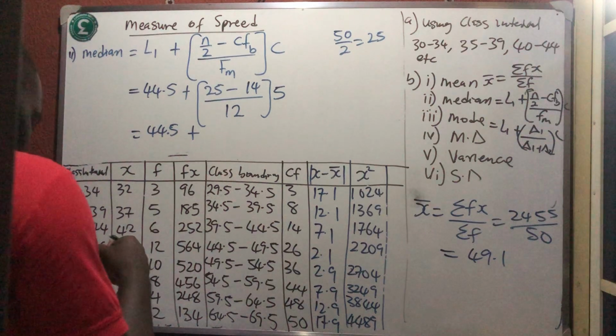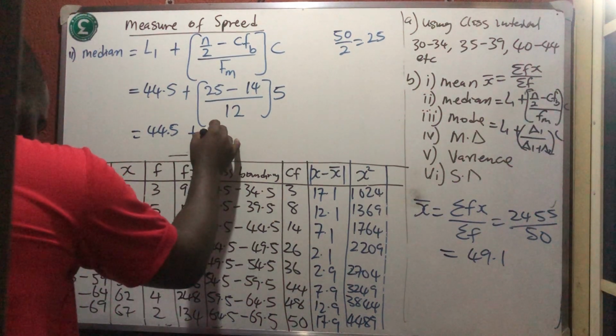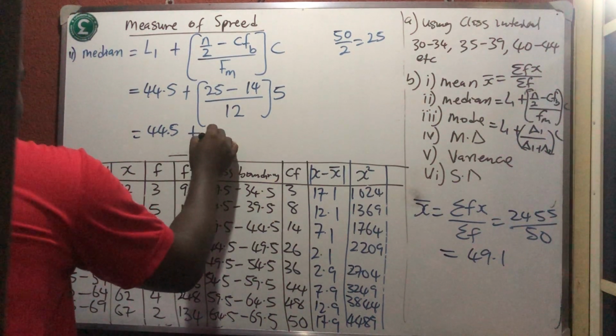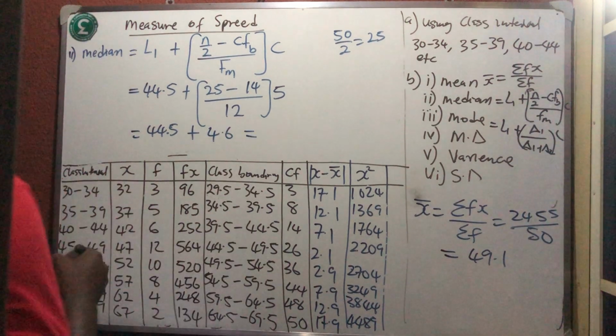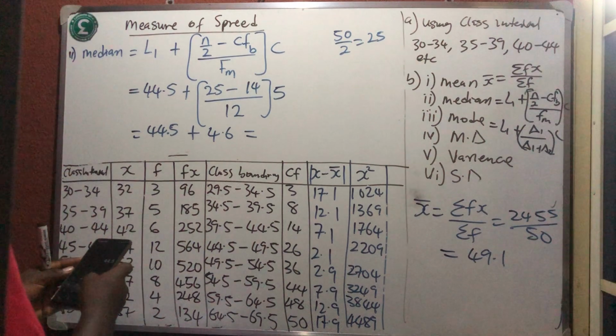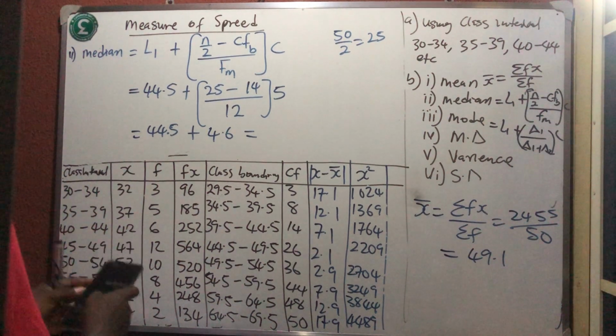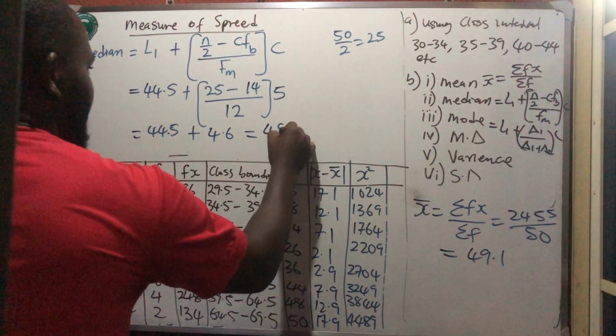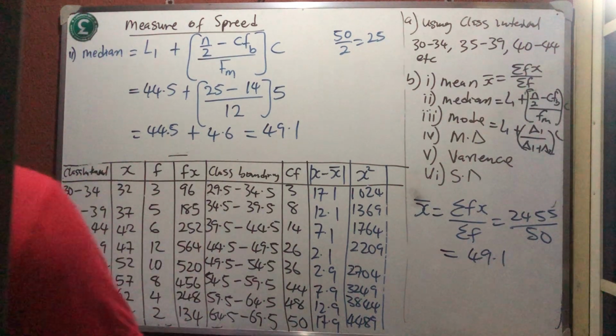So I'm having 4.58. Let me make it approximately 4.6. If you add the both of them, 44.5 plus 4.6, I'm having 49.1. So that is where the median is.